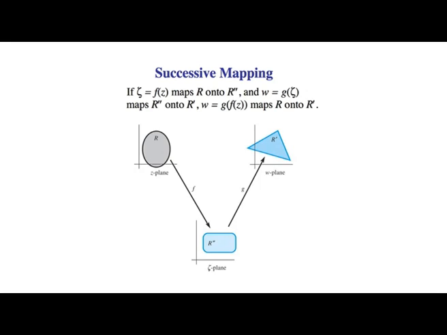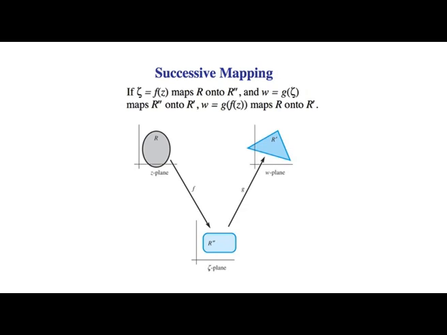So, in the same way you can have successive mappings also. You have seen that complex functions can be expressed as mappings, and suppose I have a function of a function. Say if zeta is f of z, it maps R to R double dash, and w is g of zeta. It is a function of the function zeta, or g of f of z. In this case, it maps R double dash to R dash. So, w is equal to g of f of z maps R onto R dash.